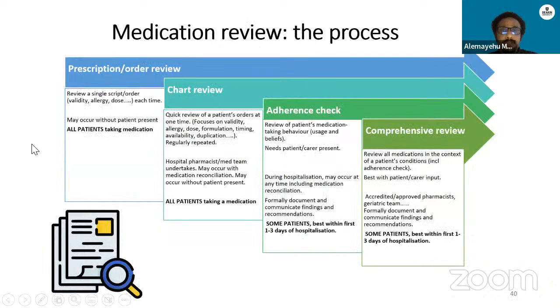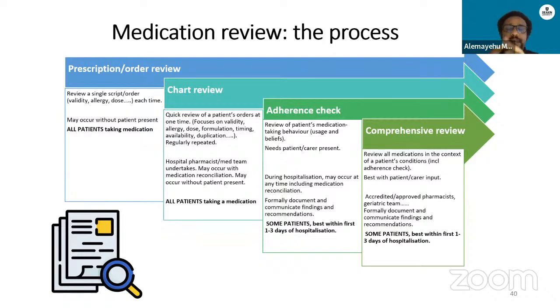Let's go to medication review, the process. Yes, medication review, as I told you, has a number of stages to follow. The first is prescription order review, then chart review, adherence check, and comprehensive review. So medication review is by far an extensive process. It's a very extensive process.